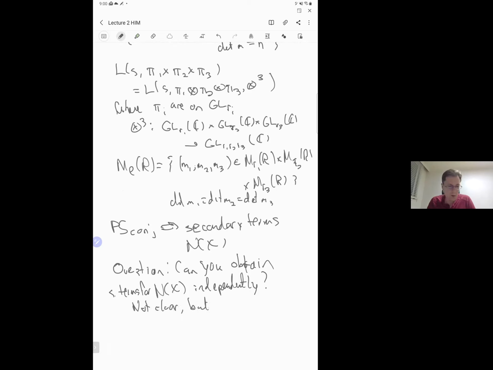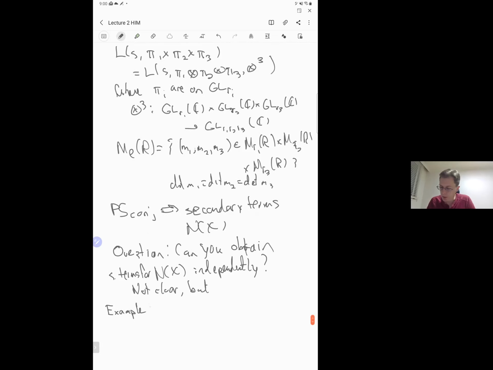But in one case, I worked this out as an application of the work on quadratic forms that I mentioned earlier in this lecture series.